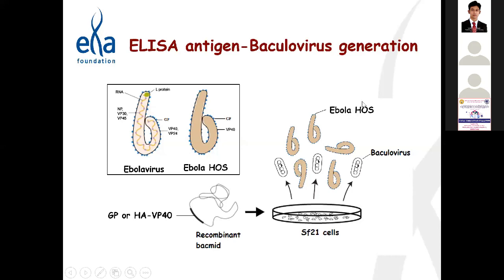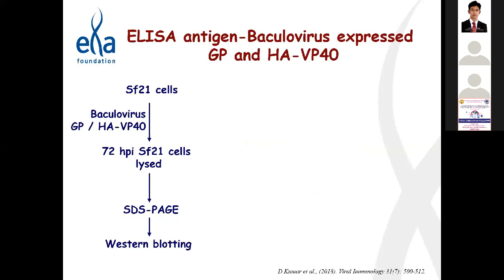So we wanted to exploit this for generating an antigen for the ELISA. We generated two recombinant baculoviruses, one which expresses the Ebola glycoprotein, another one which expresses HA-VP40. These two were generated, and we confirmed the generation also.